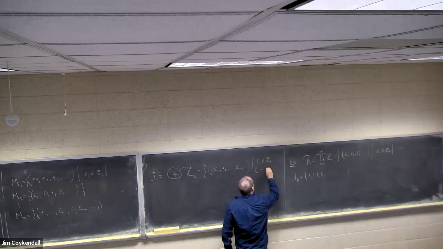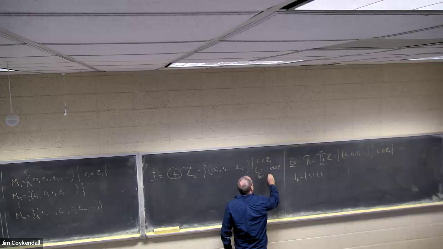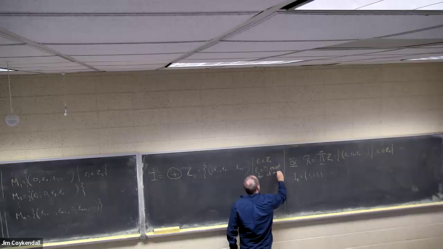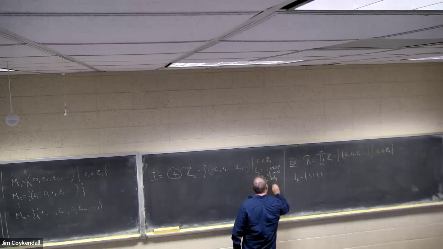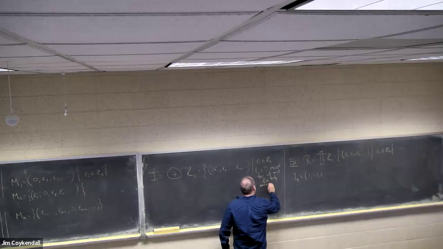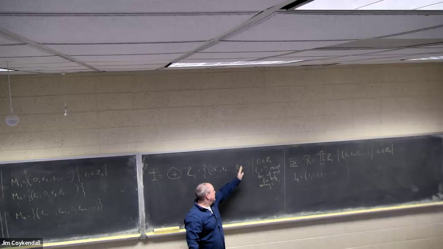Everybody remember the direct sum. In other words, everything in the direct sum does some stuff for a while. Everything in the direct sum in this setup has to end in an infinite string of zeros.